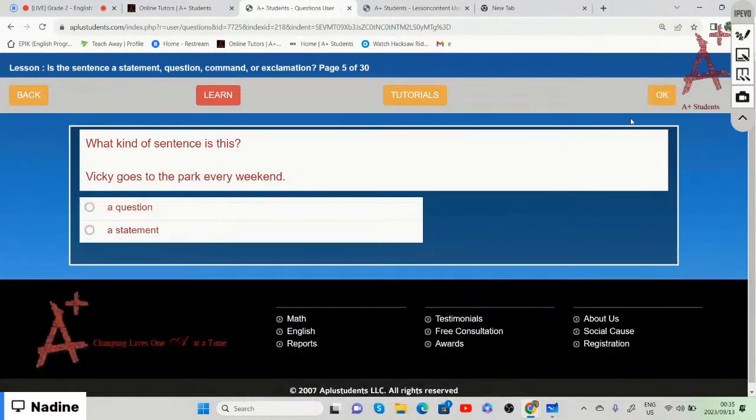Vicky goes to the park every weekend. It ends with a period. Is this a question that is being asked or a statement that is being made? Are we asking a question or are we just making a statement?